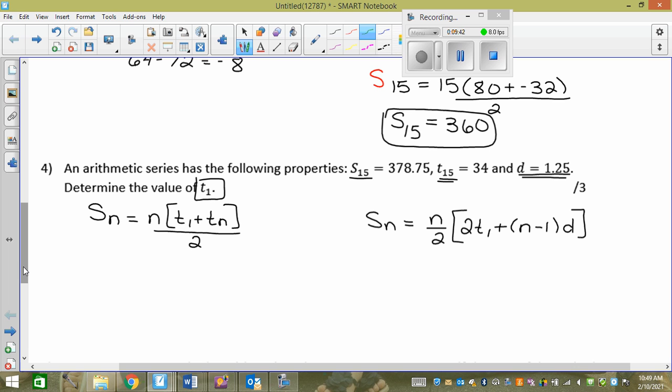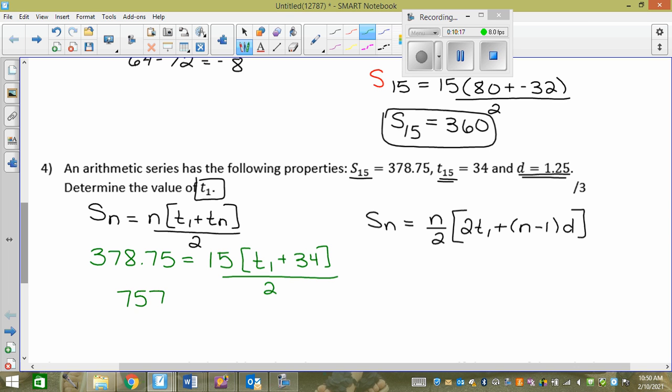So, S15 is that lovely number. If you're someone who's going to guess and check your way out of this one, you could, technically. Nope. I think you're lying. All right. Fine. We'll get through it. T1 plus 34 divided by 2. Multiply by 2 and you get 757 point something, equals 15 times that.